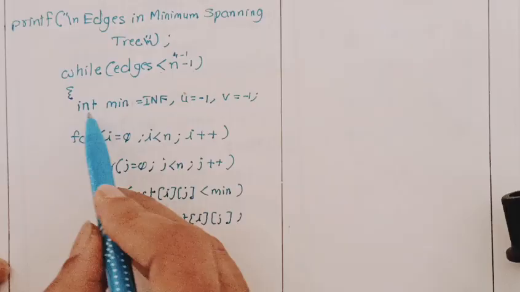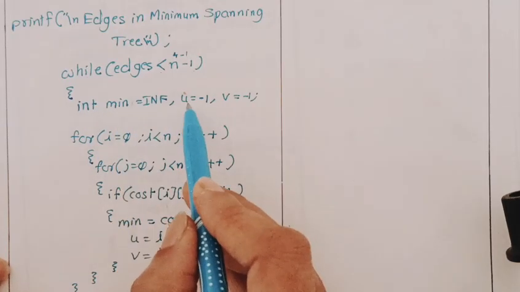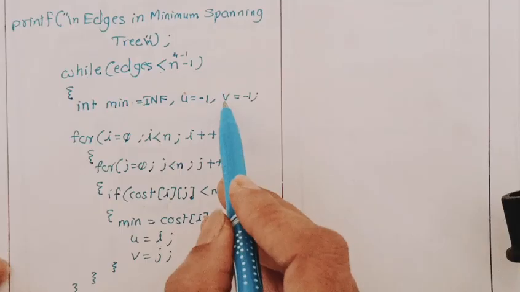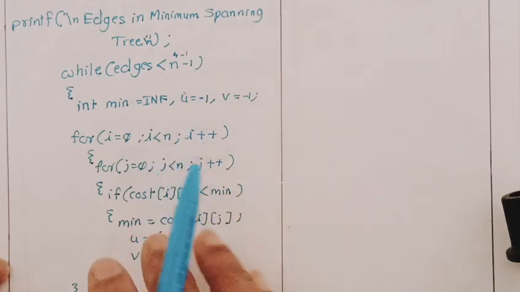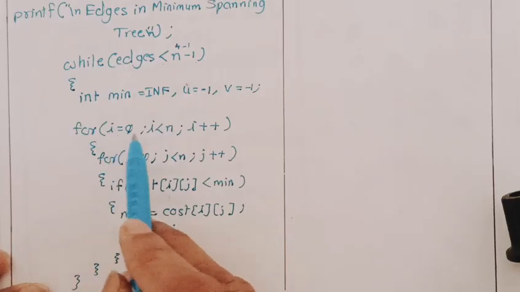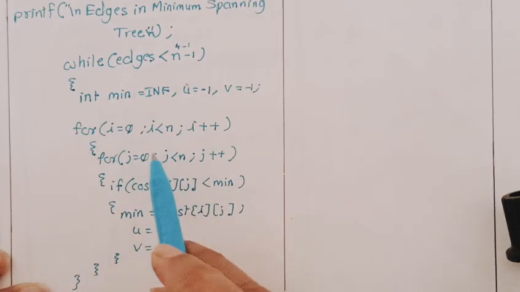In that we are taking a minimum variable to find the minimum cost, and then u and v, the index of that matrix element. Next, for i equal to 0, i less than n, i plus plus. Use the same for loop you used to read the matrix.